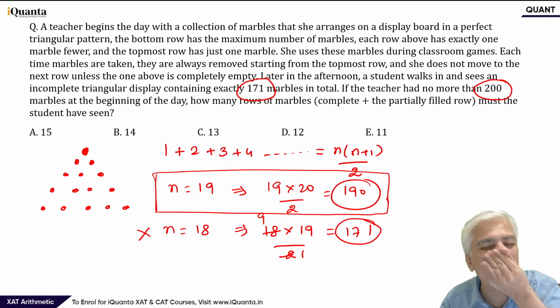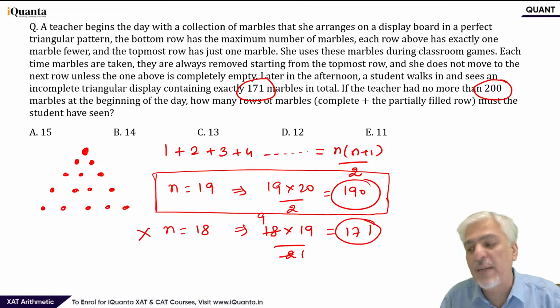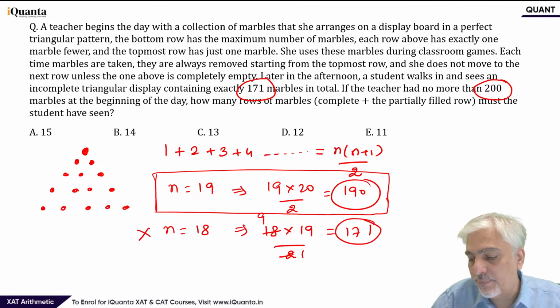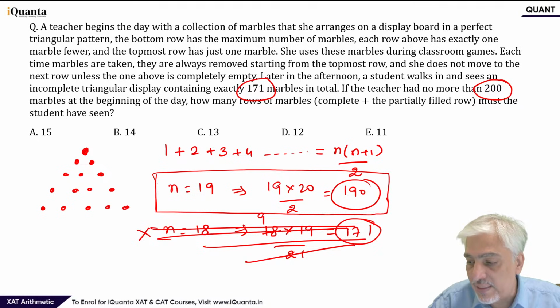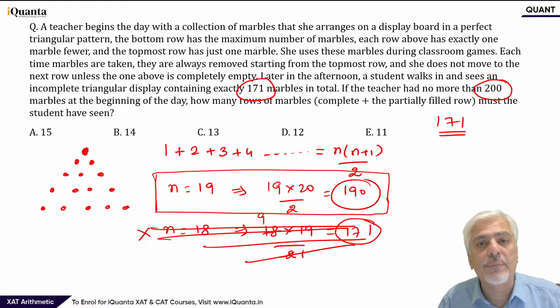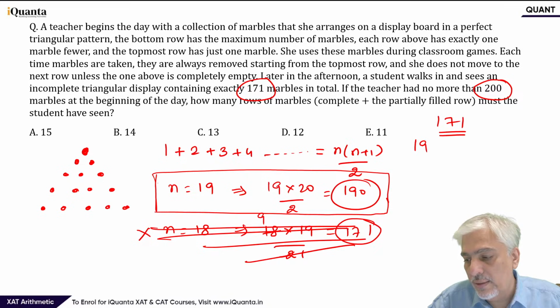She starts removing from the top. I would suggest the remaining part do manually. Don't try to make a formula. Okay. We know she's left with 171 marbles. 171 marbles बचे, उसका मतलब क्या हुआ? 19 marbles are used. 19 marbles used.